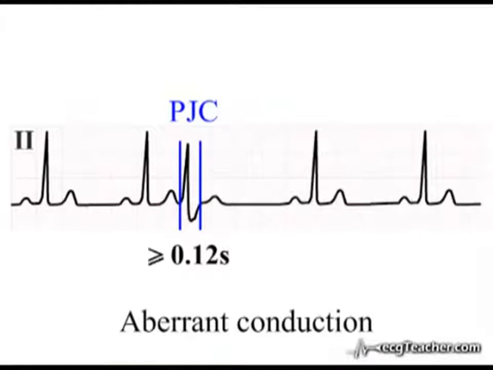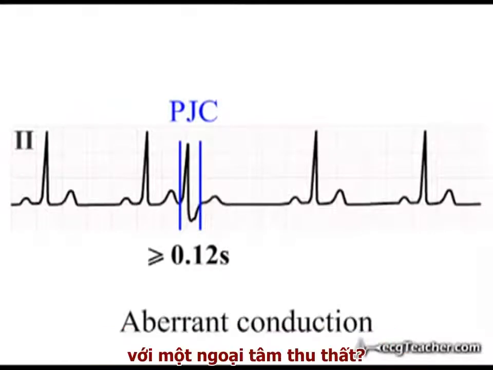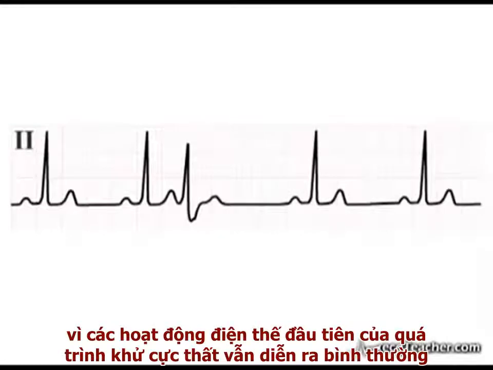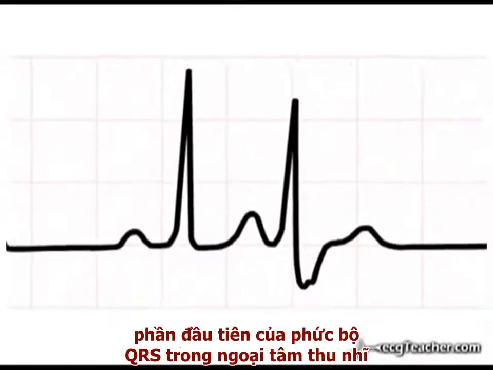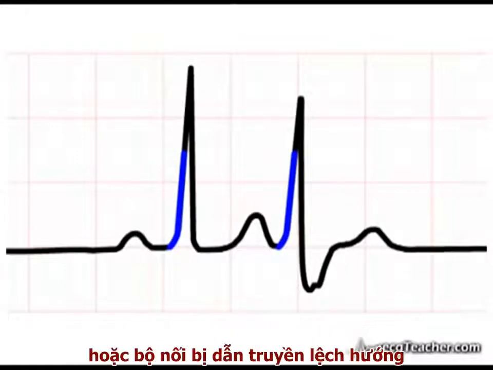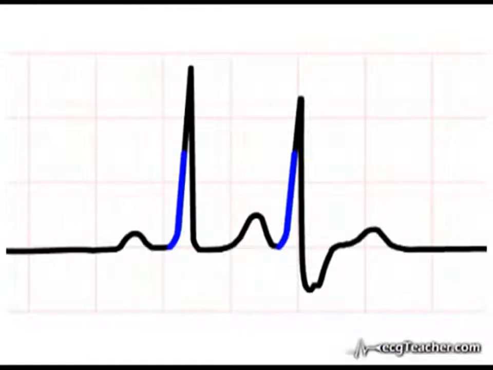How can we tell such an aberrantly conducted premature junctional contraction from a premature ventricular contraction? Well, in truth, often with great difficulty. However, as the initial events of ventricular depolarization occur as normal, the initial portion of the QRS complex of an aberrantly conducted premature junctional or premature atrial contraction will often be identical to the initial period of the preceding normal complexes.